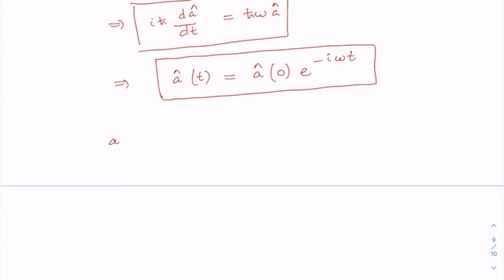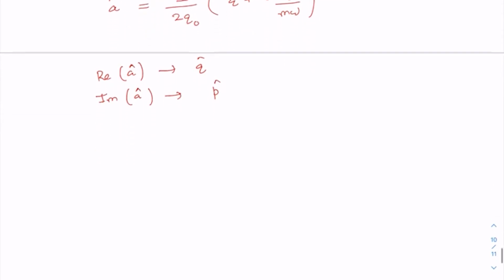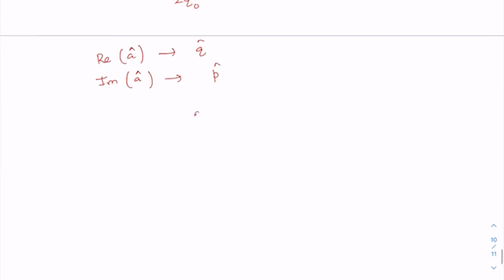Just remember that A, as per our definition, is 1 over 2q0 times (q + ip/(mω)). So the real part of this annihilation operator is associated with position, and the imaginary part is associated with momentum. Taking this as a hint, I can plot it.